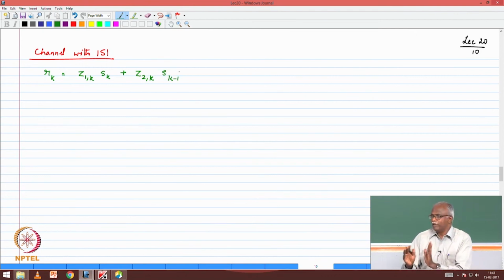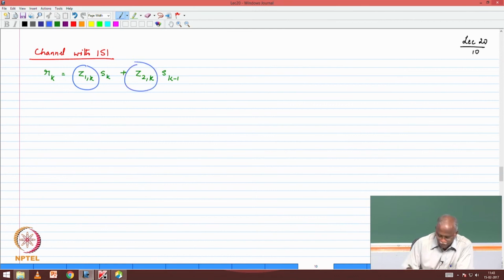I am just doing one symbol of ISI. So the current received signal is a combination of the current transmitted symbol and the previous transmitted symbol, both of which are corrupted by complex coefficients Z1k and Z2k respectively, and of course there is noise which is eta k. And write down the equation for Rk minus 1.